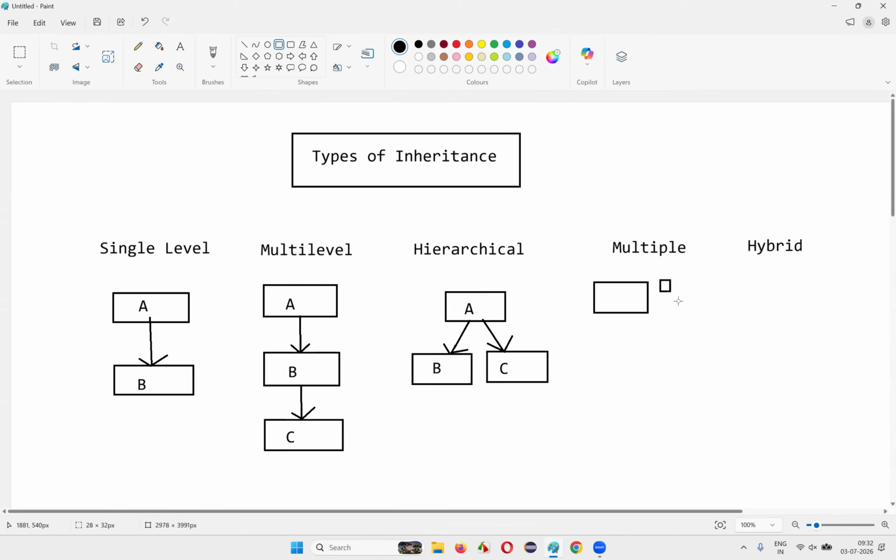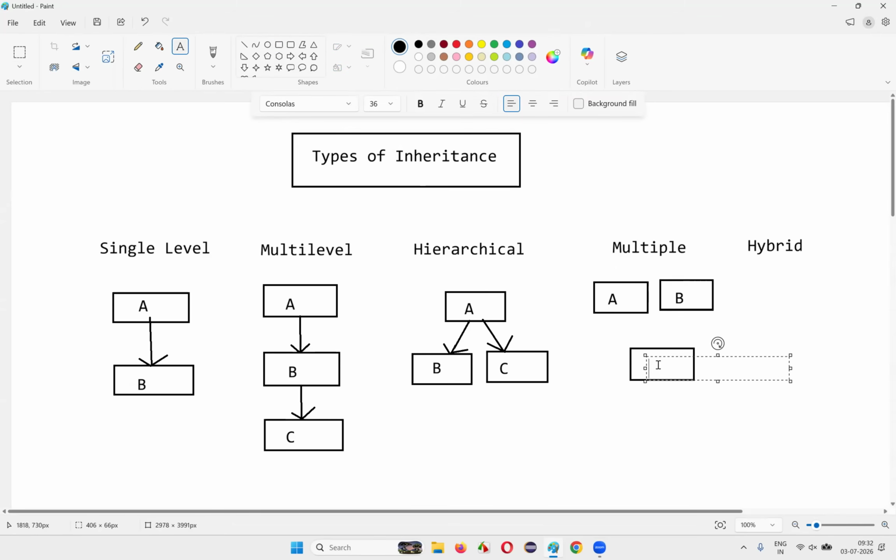Here we have class A and class B, let's say, and here we have class C. Let's say class C is a child of A, and at the same time class C is a child of B.